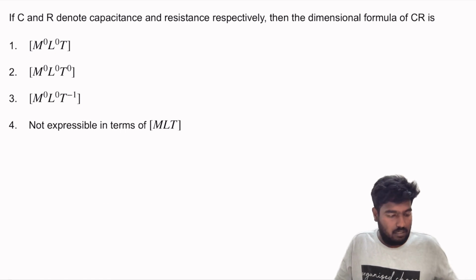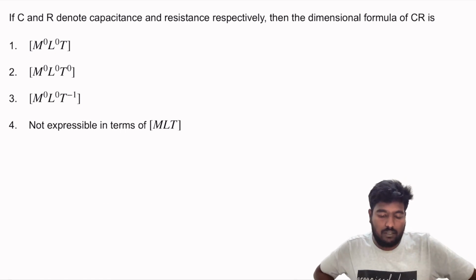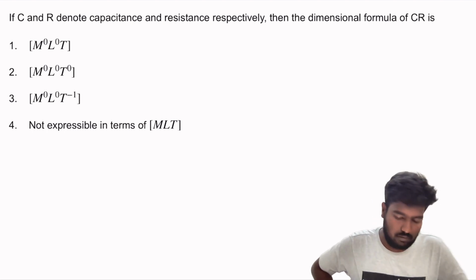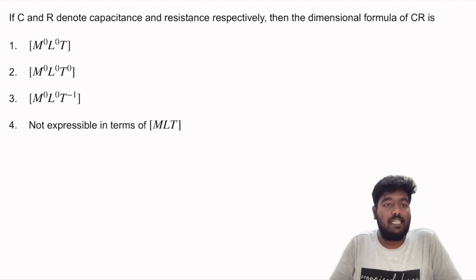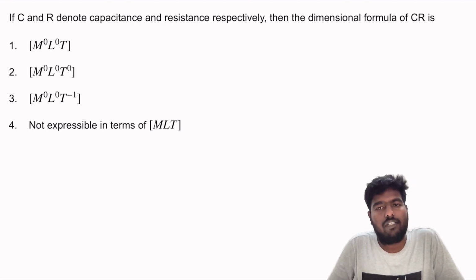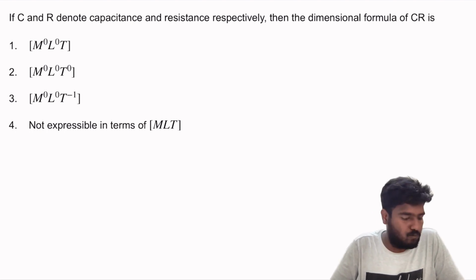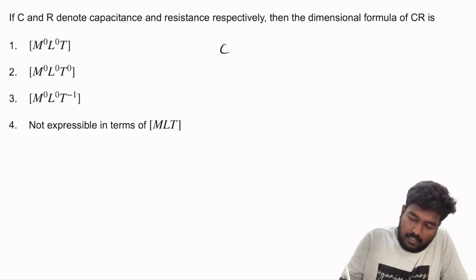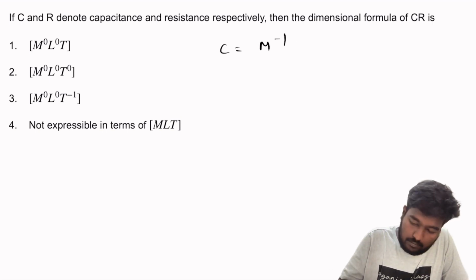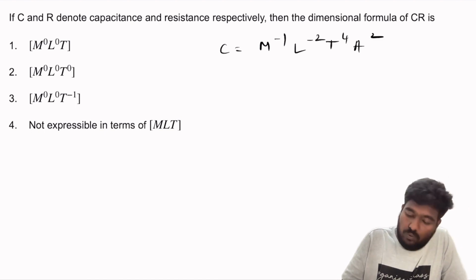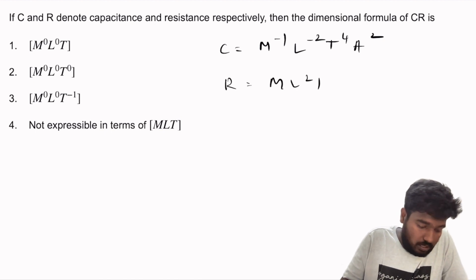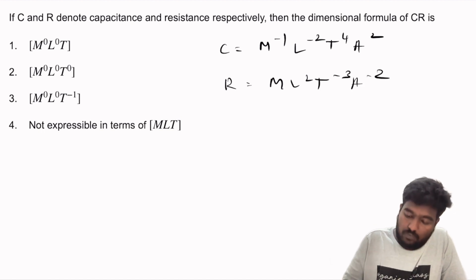Okay, wow, this is the last question. If C and R denote capacitance and resistance respectively, then the dimensional formula of CR is? We know the capacitance is M power minus 1 L power minus 2 T power 4 A power 2, and resistance is M L square T power minus 3 A power minus 2.